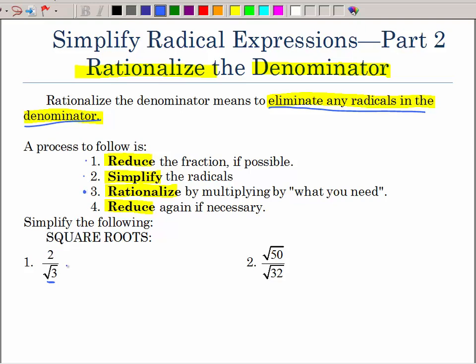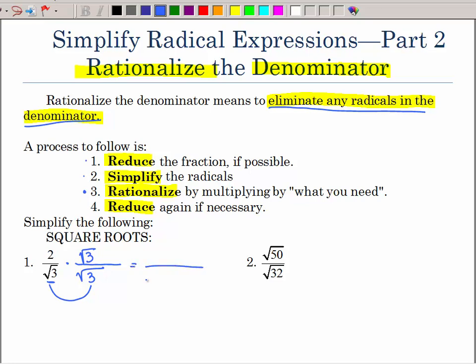It means what would you need to multiply the square root of 3 to have a perfect square? Well, if you remember from the previous video, if you have a square root, you're looking for two of a kind. So if I have one 3, I need to have one more. Whatever I do to the bottom of a fraction, I'm going to do to the top.